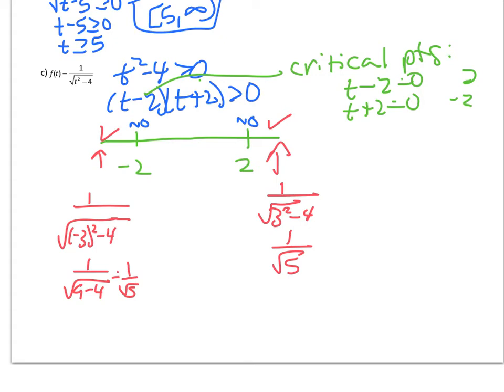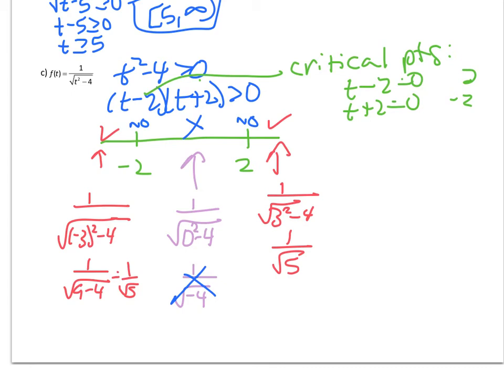Let's try, say for example, 0. If I plug in 0 into my function, I'm going to get 1 over square root of negative 4, and you can't have negative 4 underneath a radical. So that part of my domain is not going to be included in my answer. So all I'm going to include is this area over here, up to but not including 2, and then starting with 2 and going up to including that area.